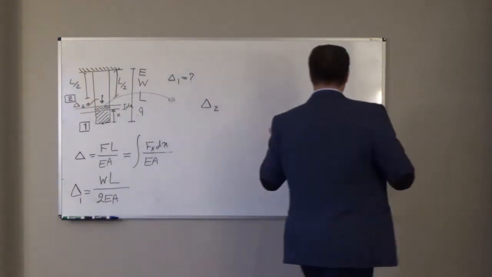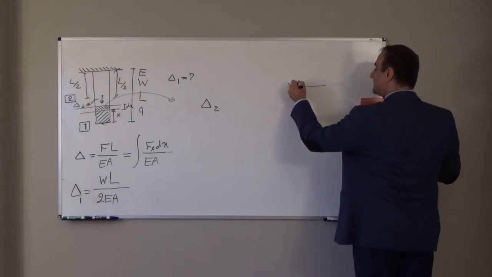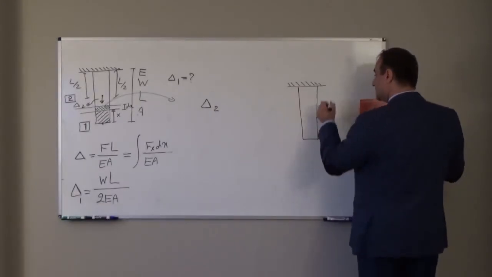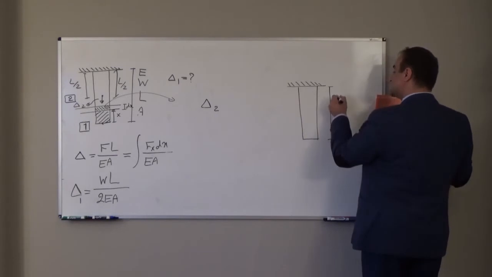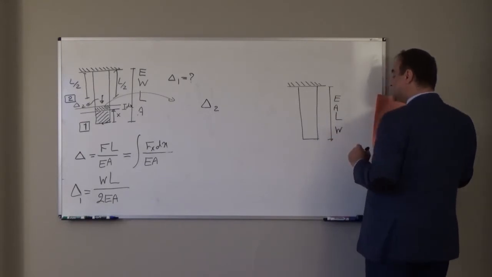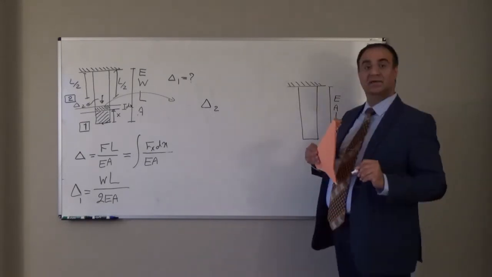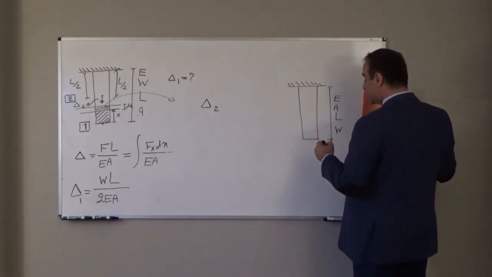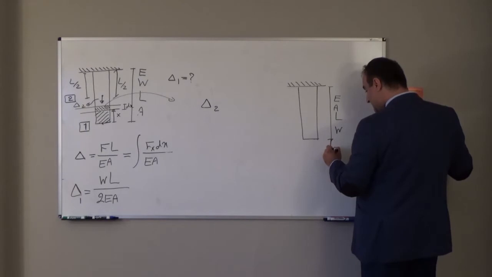So let's explain one more time. Delta 1: first we have this rod, Young's modulus is E, cross-sectional area is A, the length is L, total weight is W. Before hanging under self weight, the length is L. After hanging under self weight, we will have deformation here.